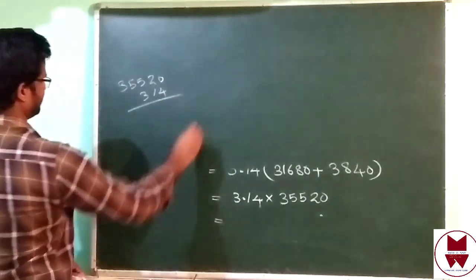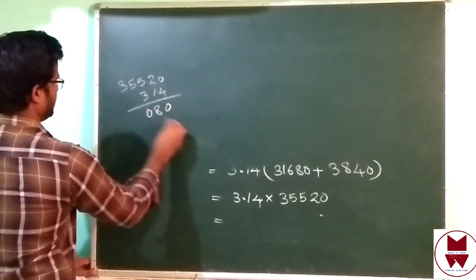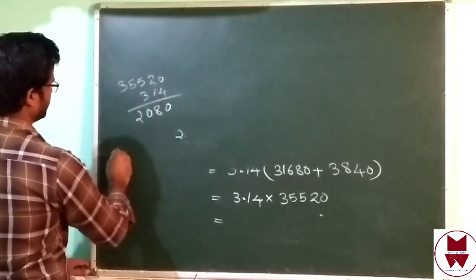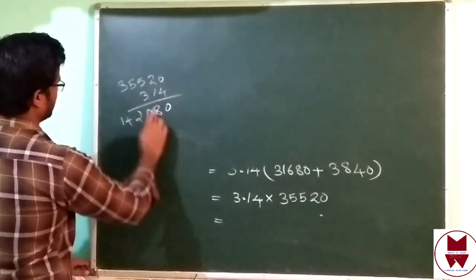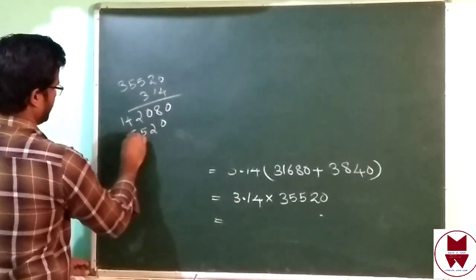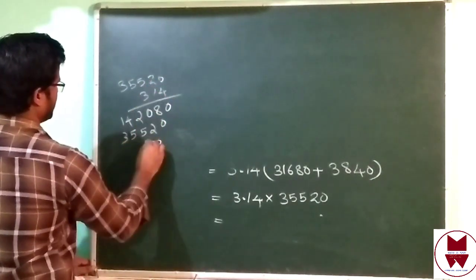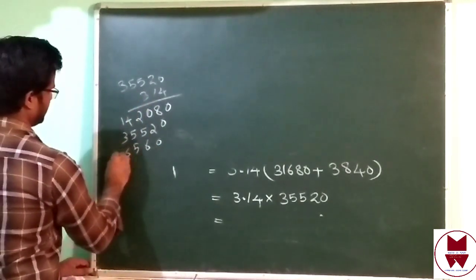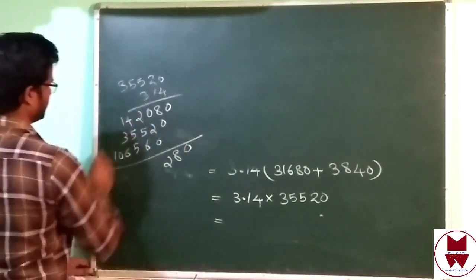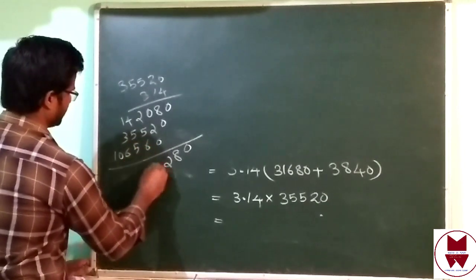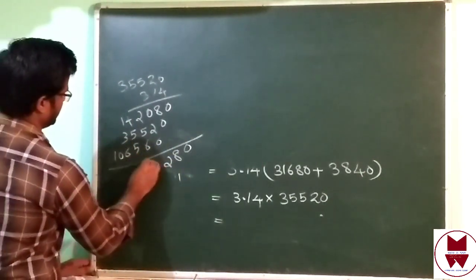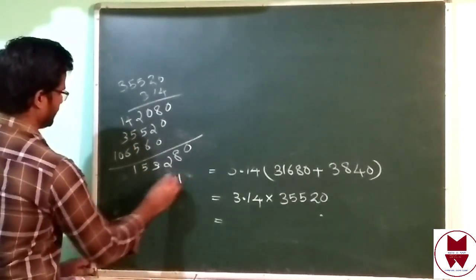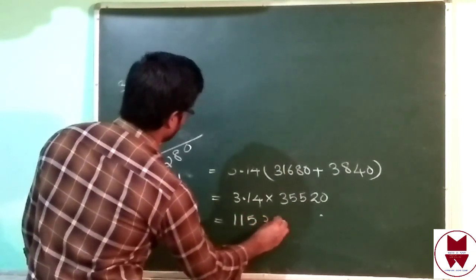Multiplying step by step with 314, we get 1, 1, 1, 5, 3, 2, 8, 0.